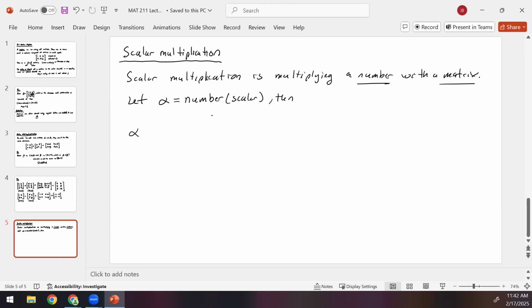Then if I multiply a matrix like this, some number times A, B, C, D, then I want you to think, okay, if I got to choose the rules, like I got to choose how this would work, how would you do that? Well, me personally, I would feel like, well, this should be everything into the matrix. So that would look like this: alpha A, alpha B, alpha C, and then alpha D.